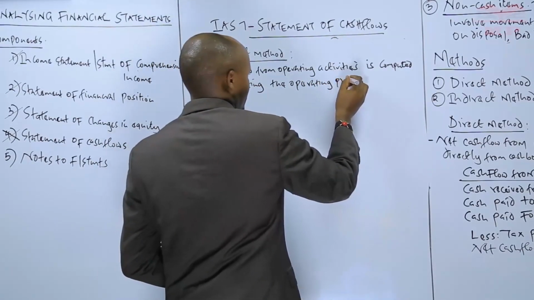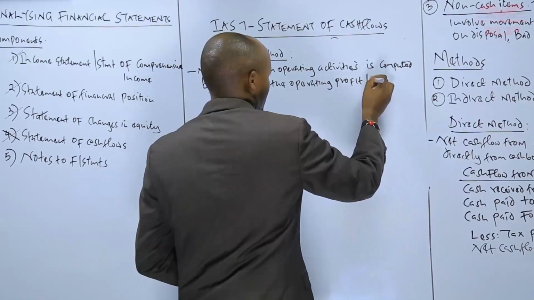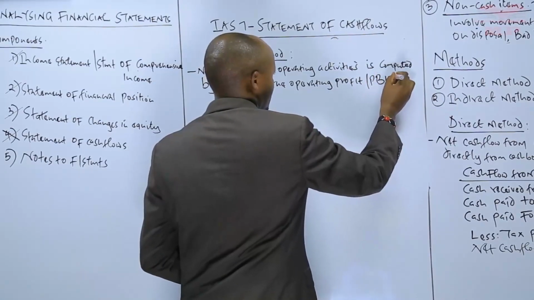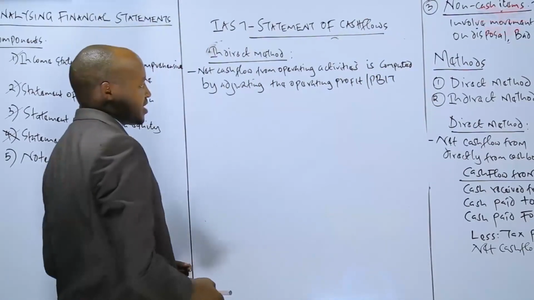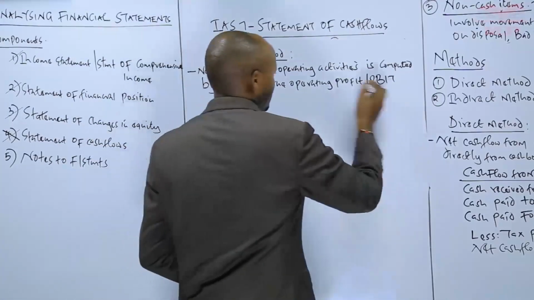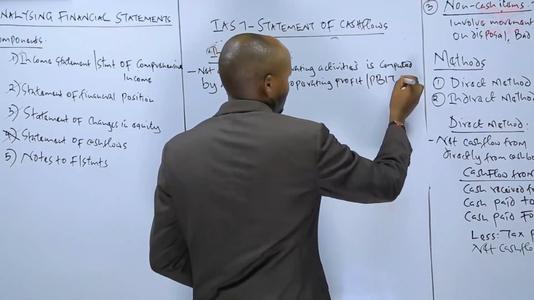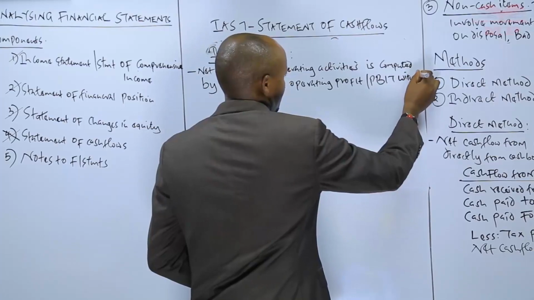The operating profit, in other terms, we refer to as profit before interest and tax. So we adjust the operating profit with 3 items.